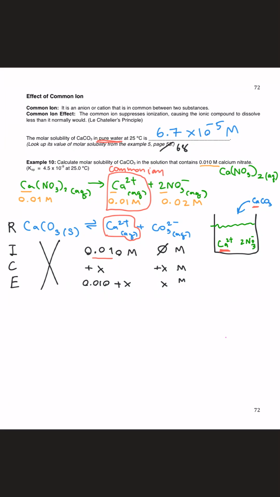Next, to find out the X, or the molar solubility, you will need to use Ksp to set this up.